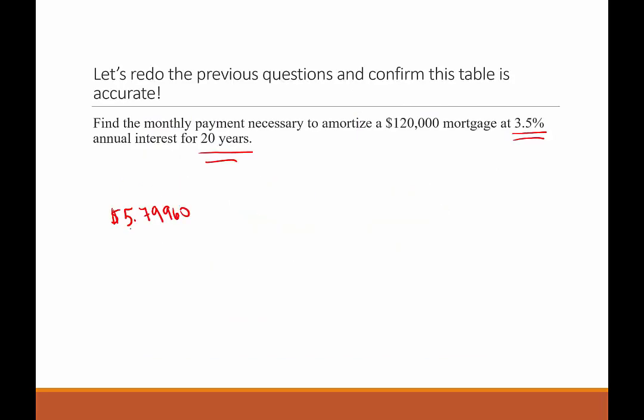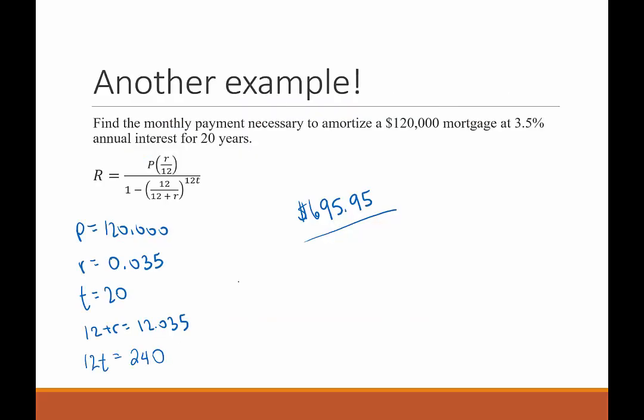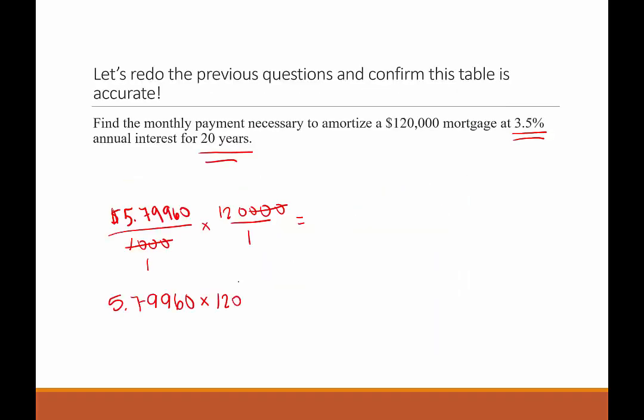This is per 1,000, but this particular mortgage is for $120,000. And again, before I actually multiply, let's clean this up. I can divide this by 1,000 and I can divide this by 1,000. So we're looking at the calculation 5.79960 times 120. And we're hoping that it matches 695.95.